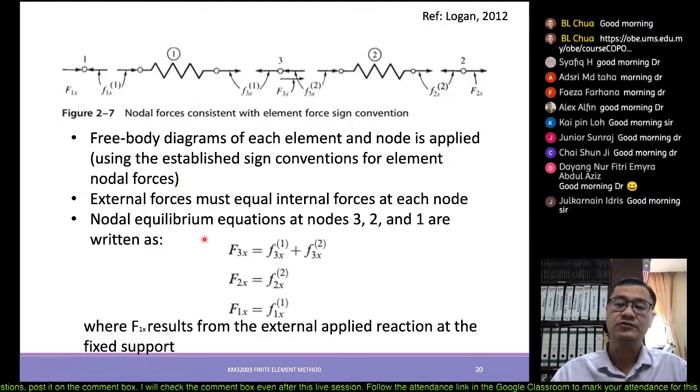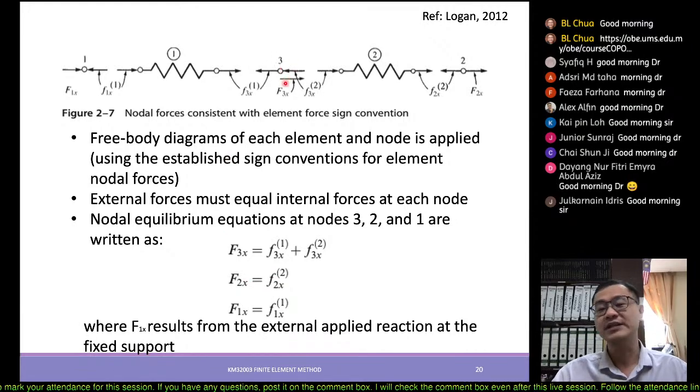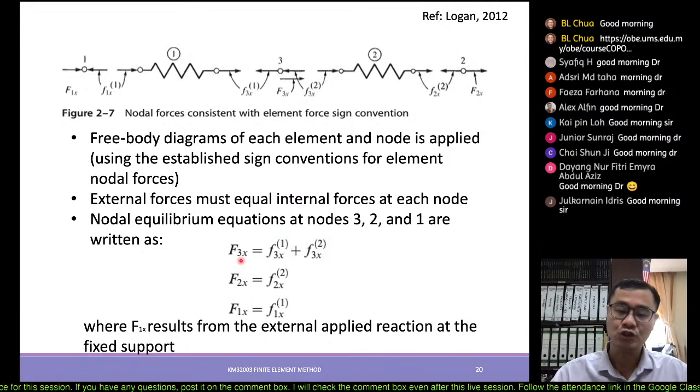So again, we can write the equilibrium equations at every single node itself. We have F1 equals the internal force, F2 equals the internal force, and F3 is a bit trickier, but still tolerable.